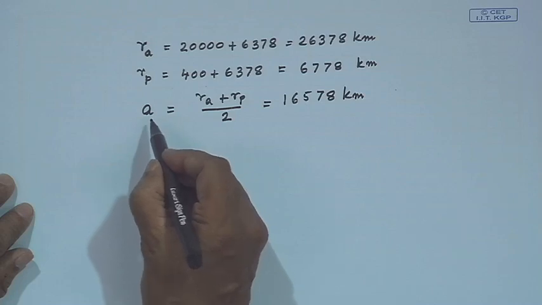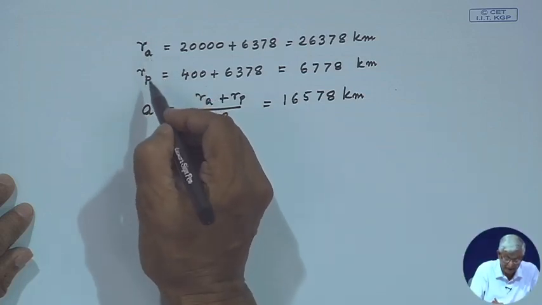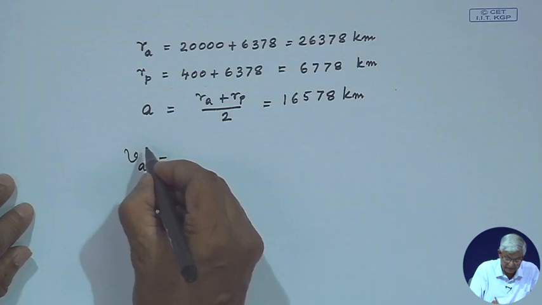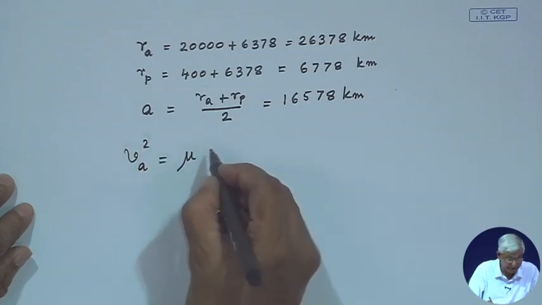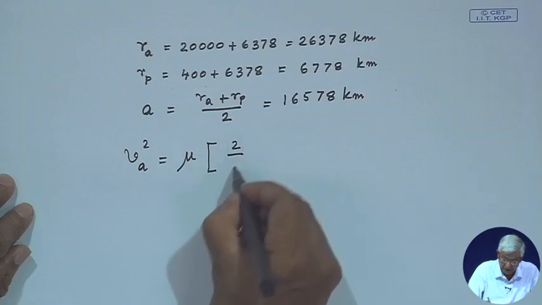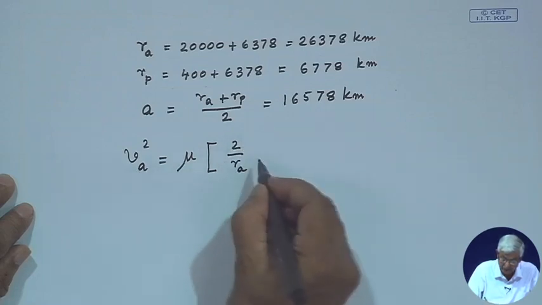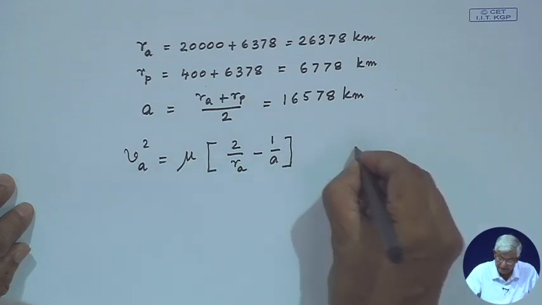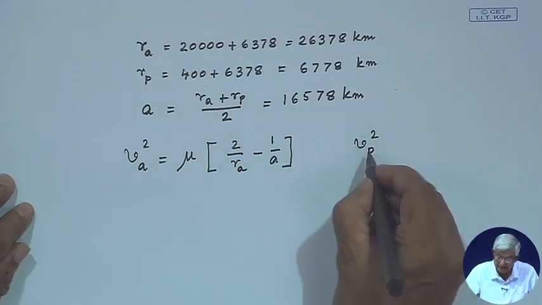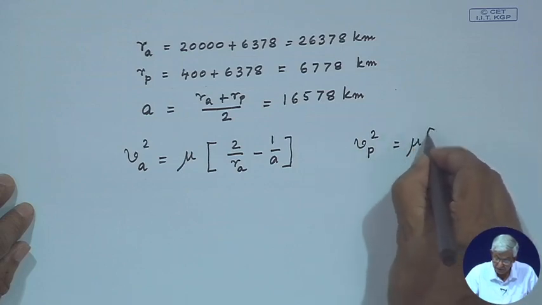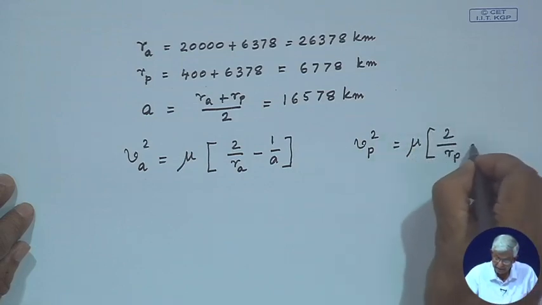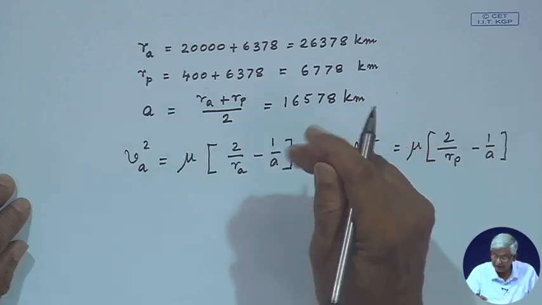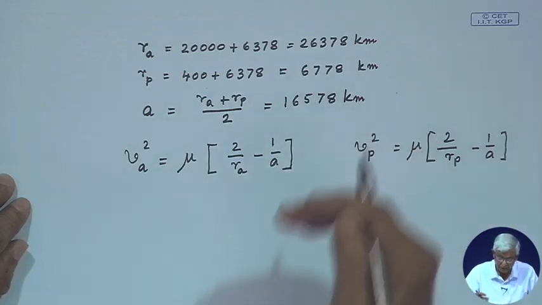And if we know the semi major axis and the apogee and perigee distances, then the velocity at apogee is given by V A square equals mu into 2 by R A minus 1 by A. Similarly, V P square, which is the velocity at perigee, will be mu into 2 by R P minus 1 by A. Now, what is asked is the ratio of the velocity at perigee to apogee.